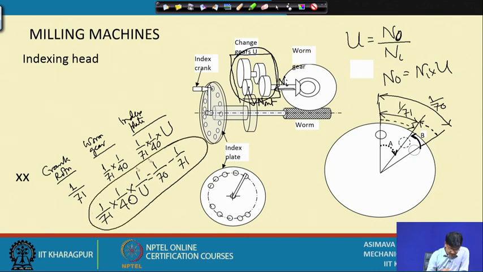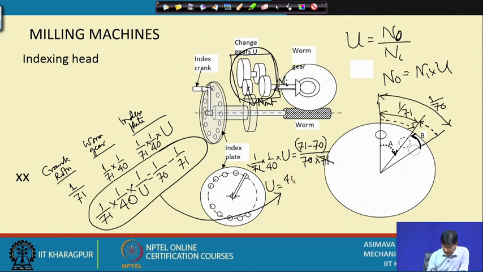This is the basic equation that we follow, and from here a lot of things will cancel out, and we will get 1 by 71 into 1 by 40 into U is equal to 71 minus 70, which is 1 here. I am just keeping it for generalization, divided by 70 into 71. 71 will cancel out, and we will get U equal to 40 divided by 70 into 71 minus 70.